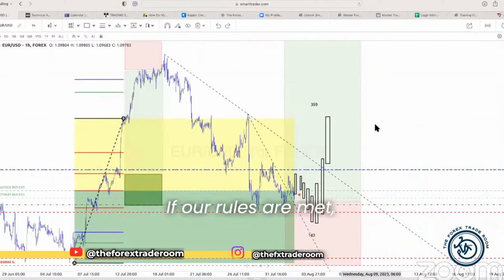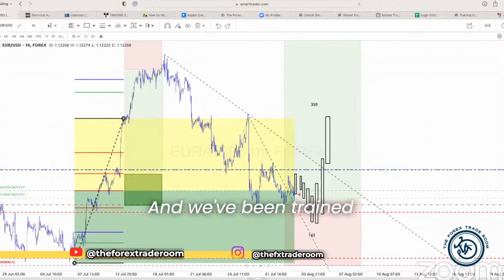If our rules are met, we have to pull the trigger and not add additional points because we're afraid of drawdown. We've got to remind ourselves, drawdown is going to happen. There's no way to avoid it.